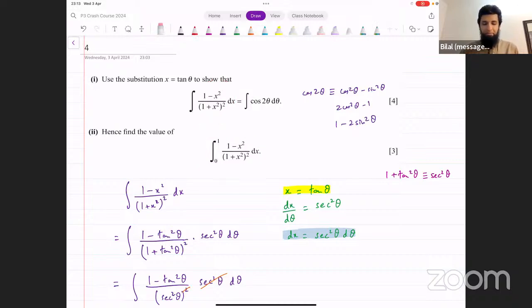Yes? So couldn't the cos square theta be cancelled with each other?